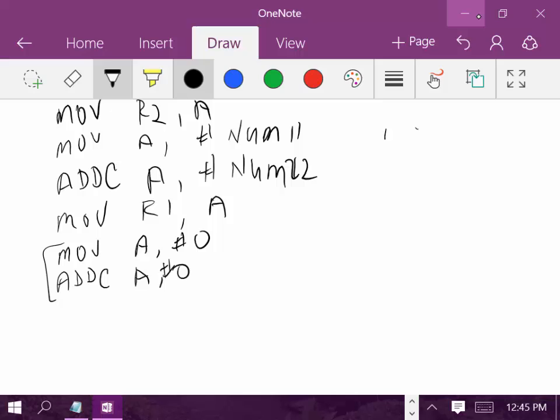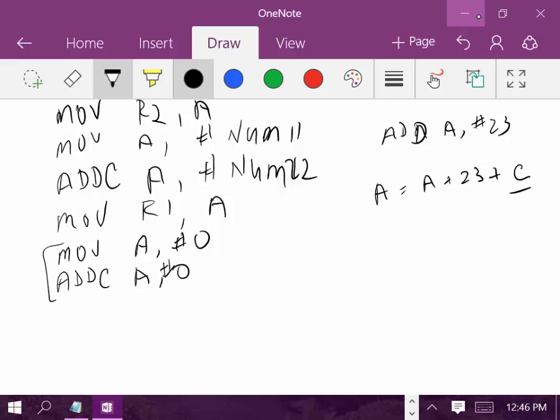Whenever you do an add with a number, we'll say 23, A is going to be equal to A plus 23 plus C. C is either a 0 or a 1. It's the carry flag or it's a 0. So if the carry flag is a 0, it's a 0. If it's a 1, it's a 1.